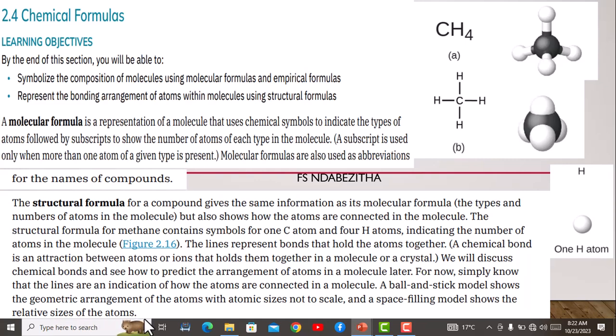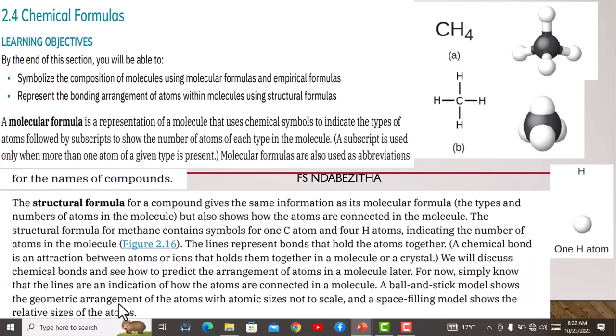So let's just read that once more. A ball and stick model shows the geometric arrangement of the atoms. There are some angles during bonding here, and as you can see for yourselves, there's a difference in the angles of bonds around these atoms.